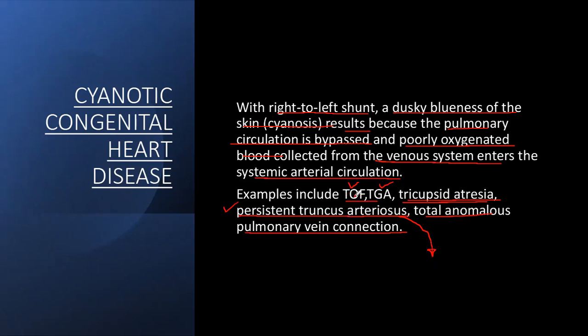And the conotruncal septum must spiral; it has a spiral outline. If it fails to spiral, there'll be transposition of the great arteries. In that, the pulmonary trunk will now be receiving blood from the left ventricle, and the aorta will be receiving blood from the right ventricle.